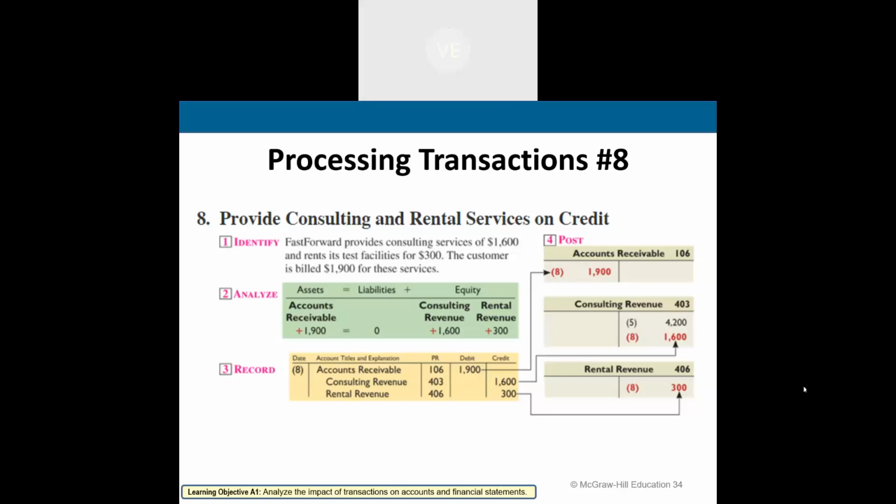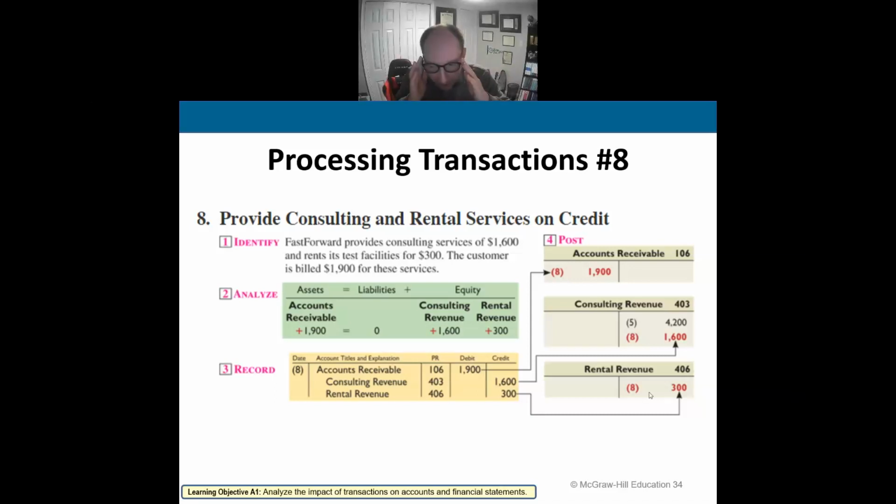So at any time you hear on credit or on account, it means that I am either going to use accounts payable or accounts receivable. I use accounts payable when I have not yet paid for that bill, right? Or I purchased something, but I have not yet paid it.